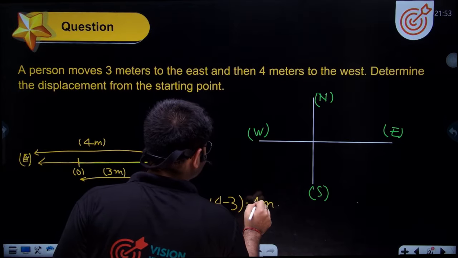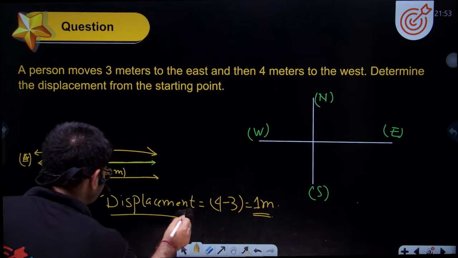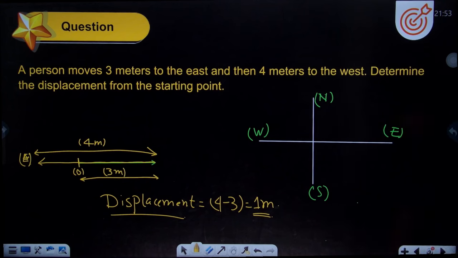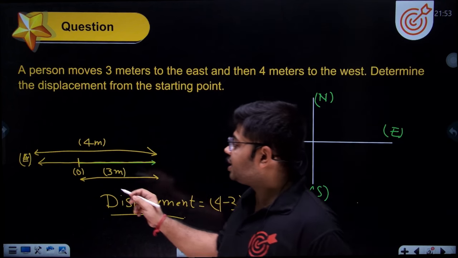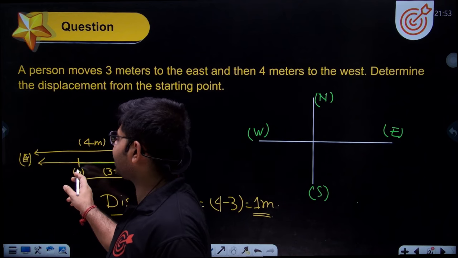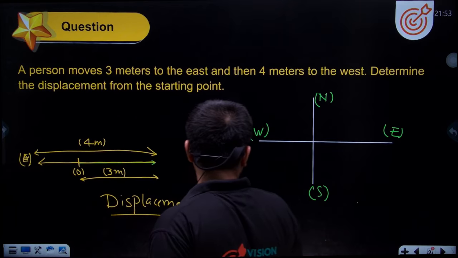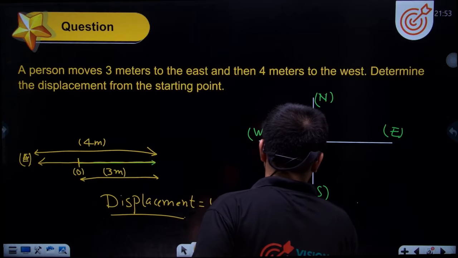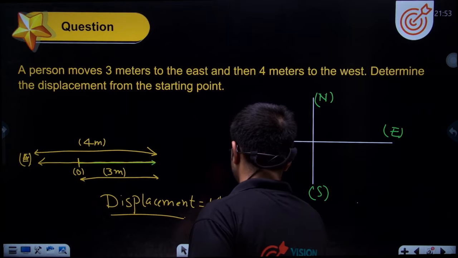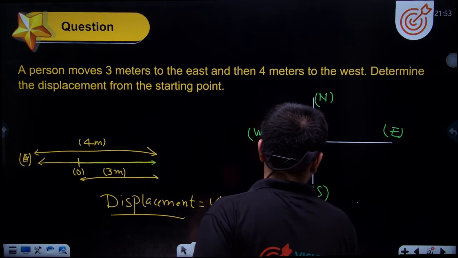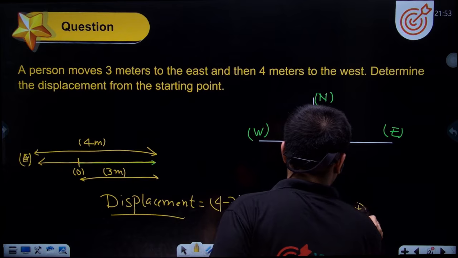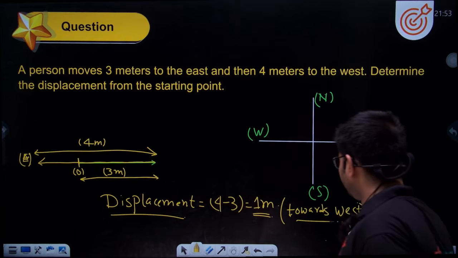So 1 meter is the magnitude of the displacement you are having here. But in which direction? What will be the direction of the displacement? The direction is going to be from the starting point towards the ending point. So I will say 1 meter towards west. One meter towards west. This is going to be your displacement.